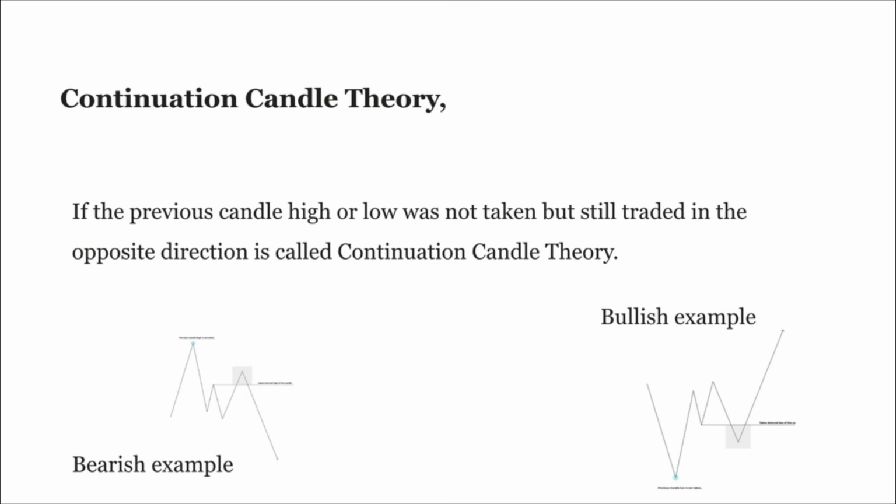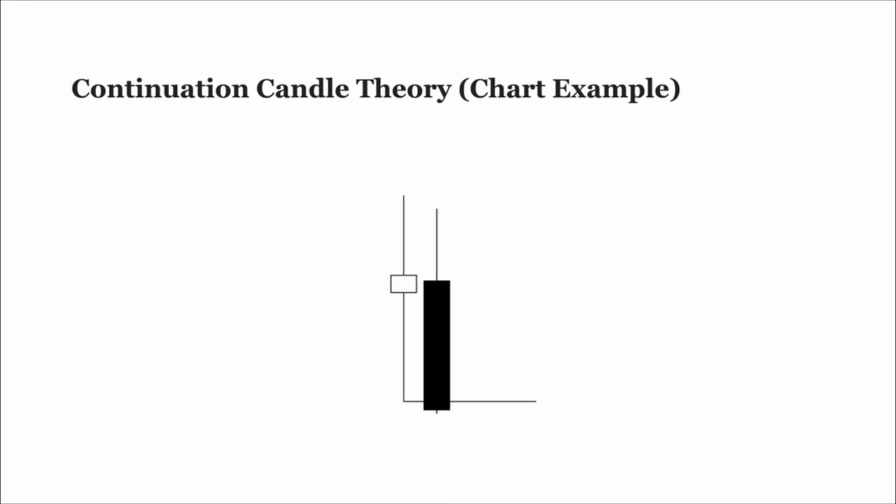Continuation candle theory, with the definition: if the previous candle high or low was not taken but price still traded in the opposite direction, it is called continuation candle theory. Now this is so important. The previous candle high was not taken, but price reached the previous candle low.